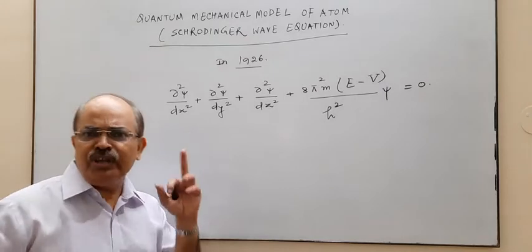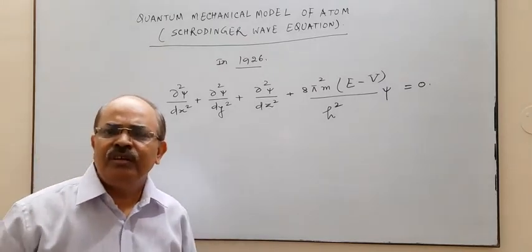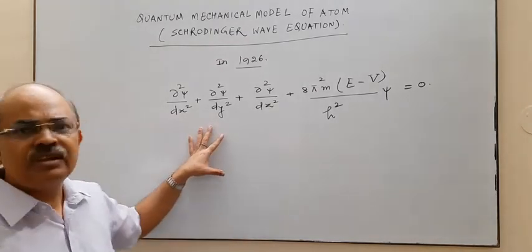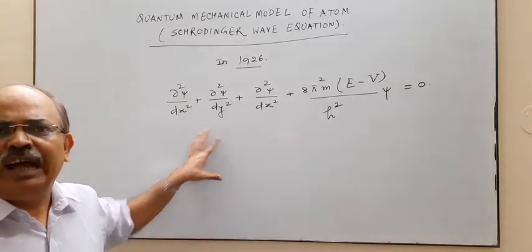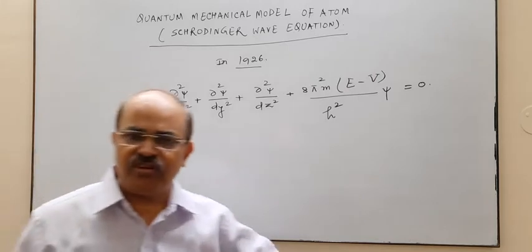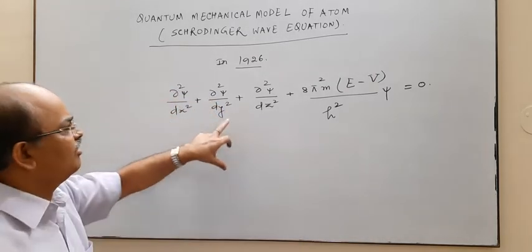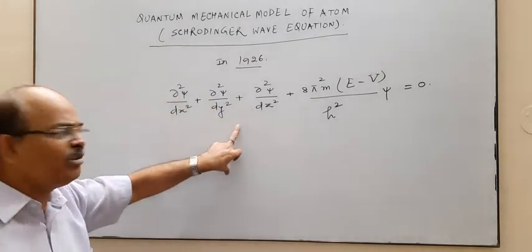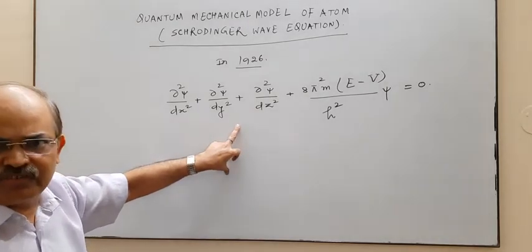Now, the Schrodinger equation is an equation of second order. I hope you know the meaning of a differential equation of first order and second order. It is a second order differential equation.